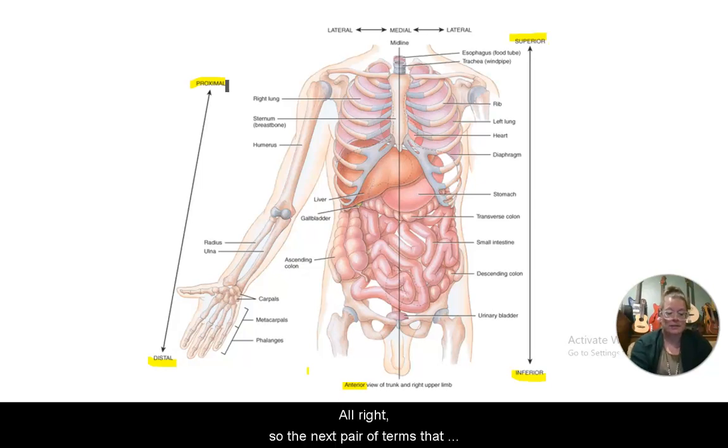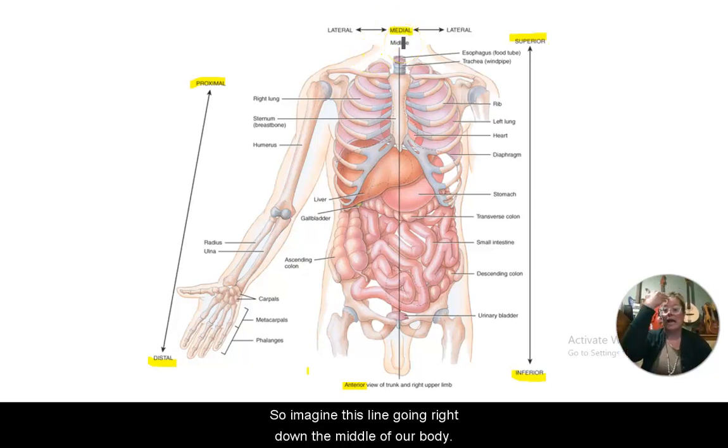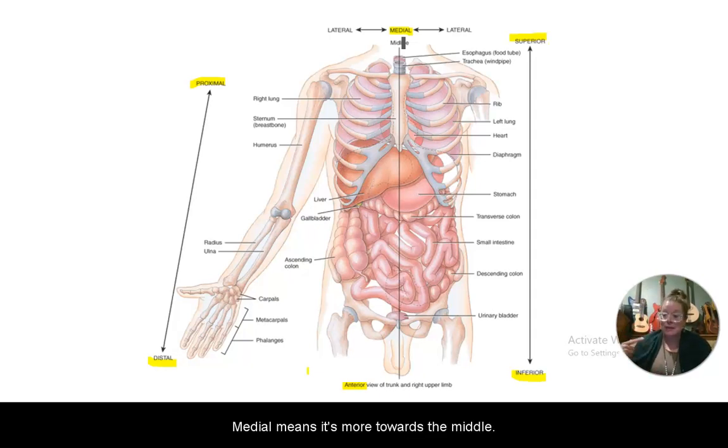All right, so the next pair of terms that we're going to take a look at are medial and lateral. If we take a look at the top, we can see that medial is here by the midline. Imagine this line going right down the middle of our body. Medial means it's more towards the middle.